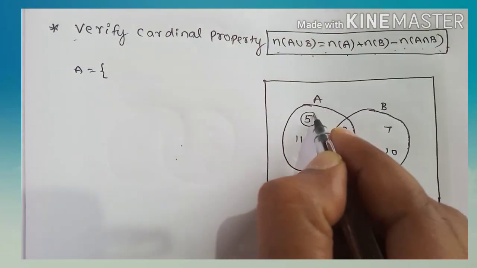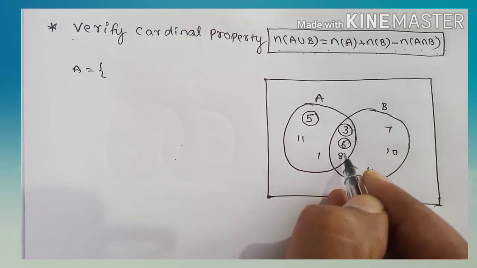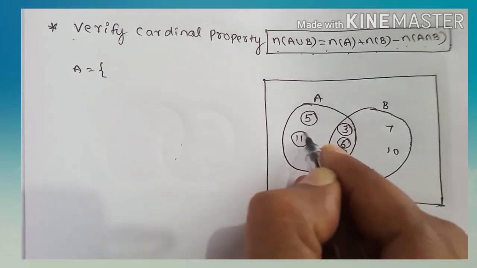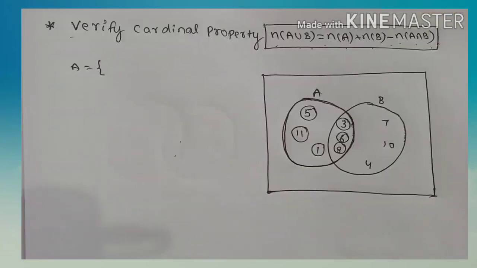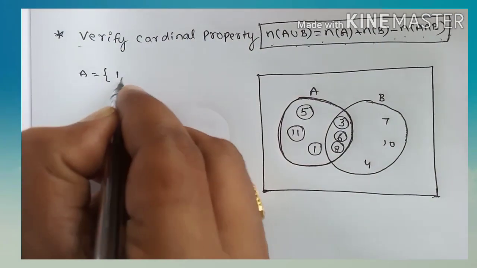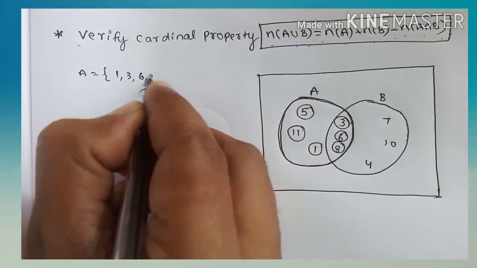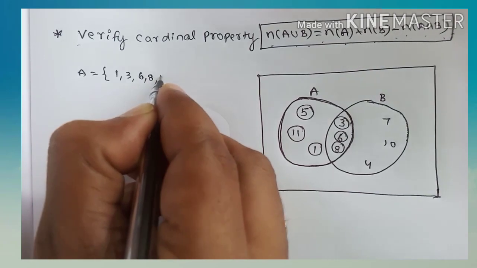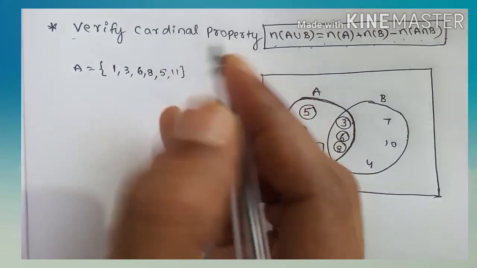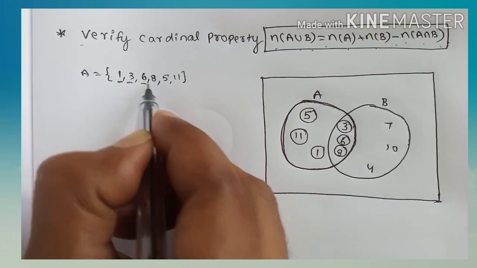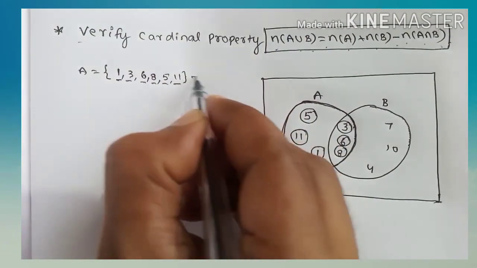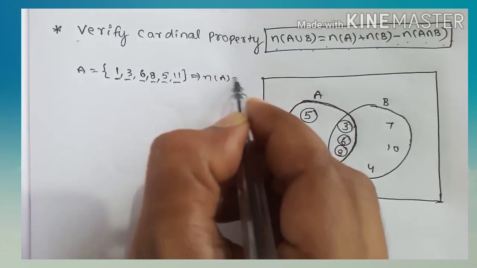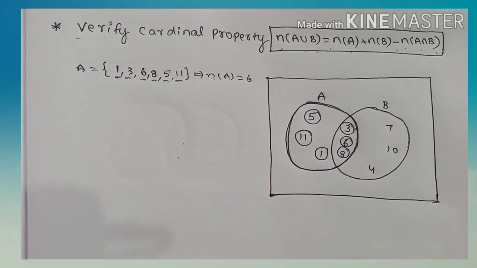This is the first element, second, third, fourth, fifth, sixth element. So these are all the elements of set A: 1, 3, 6, 8, 5, 11. Okay, the order is missed, no problem. 1 2 3 4 5 6 elements are there. That implies n of A is equal to 6.